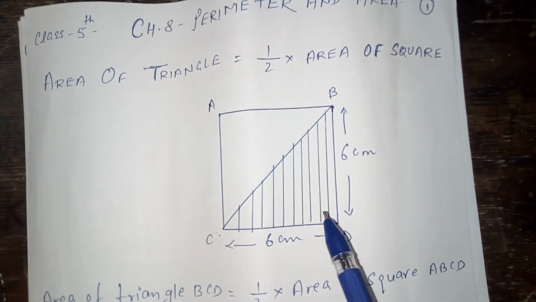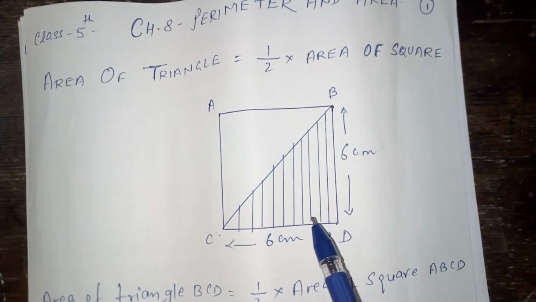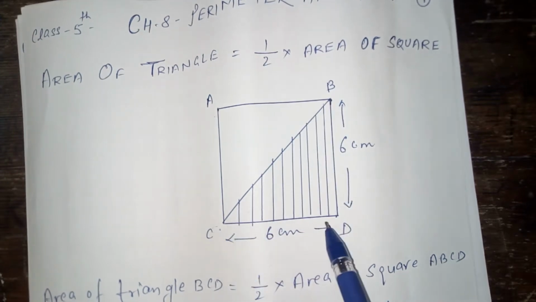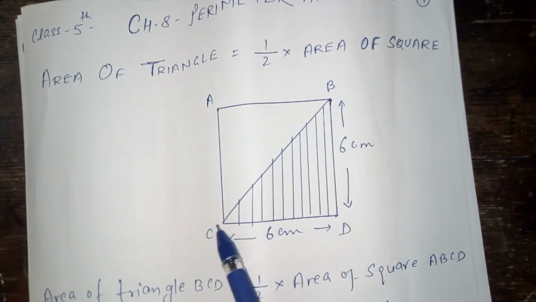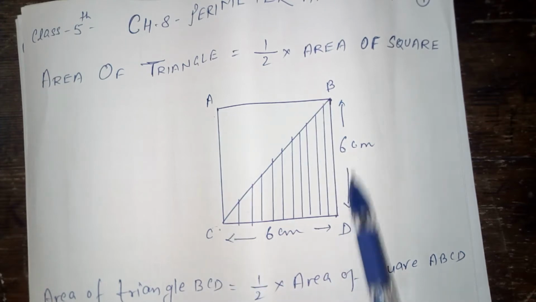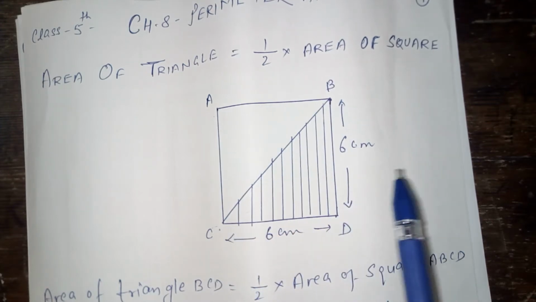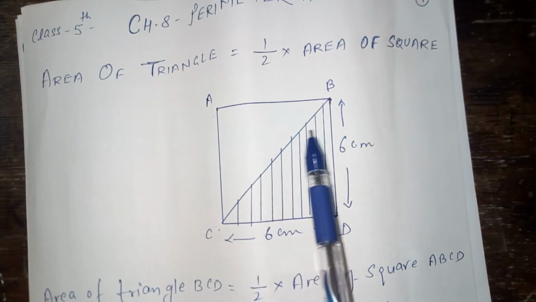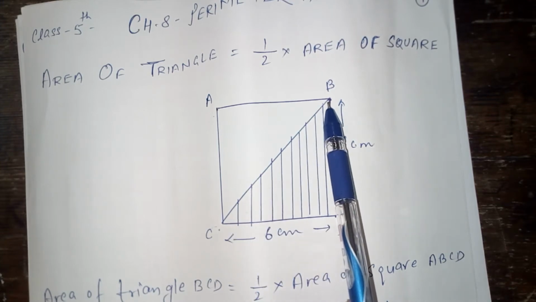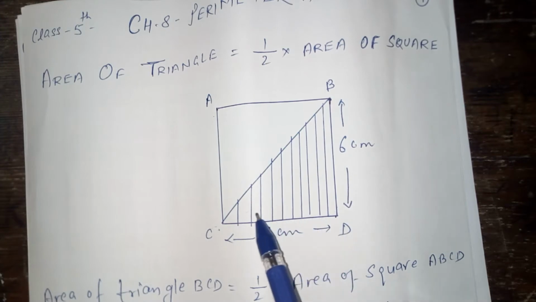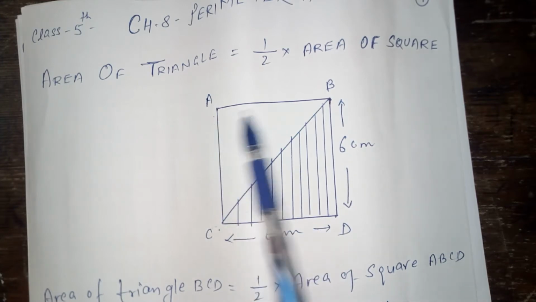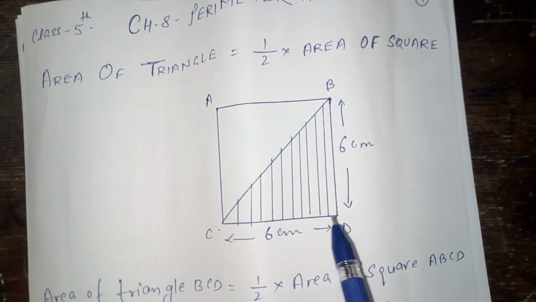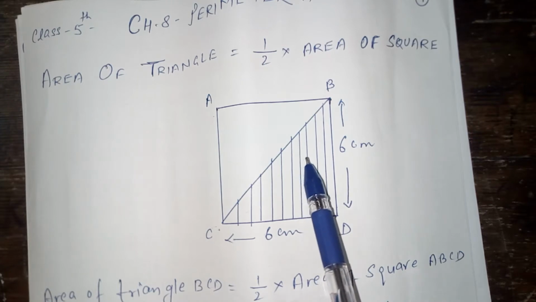My dear students, in this figure, as you are looking, triangle BCD is in the square ABCD. So how will you find the area of the triangle?